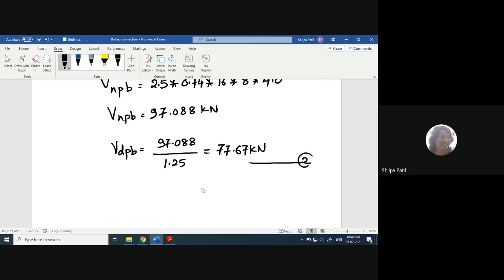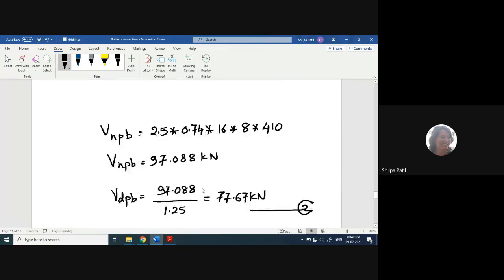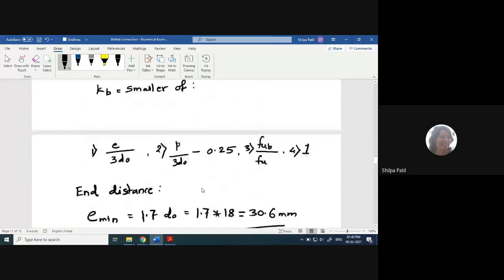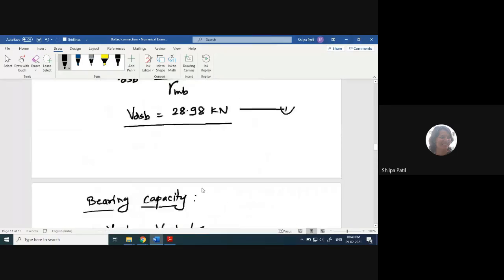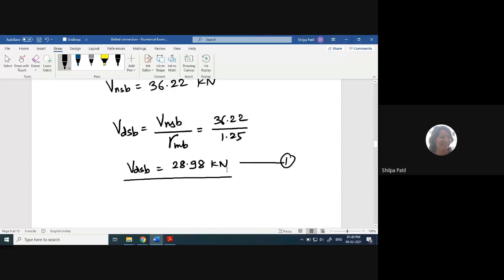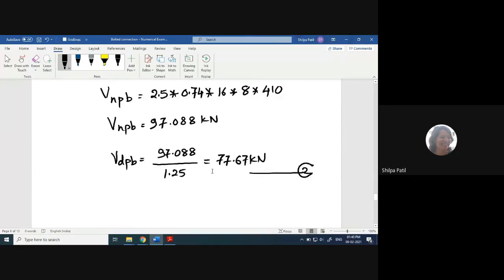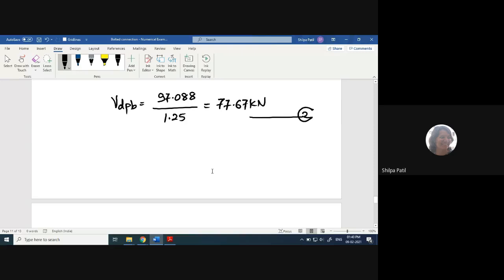So this is our second value, the bearing strength of the bolt, and the first value is the shearing capacity. Out of these two, the least value will be the bolt value. The first value we have obtained as 28.98 and the second value is 77.67.